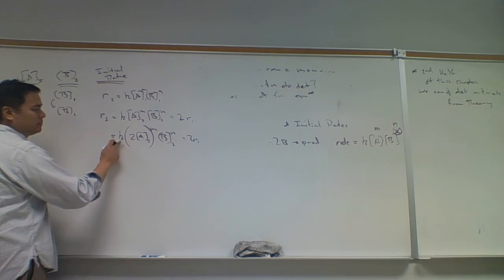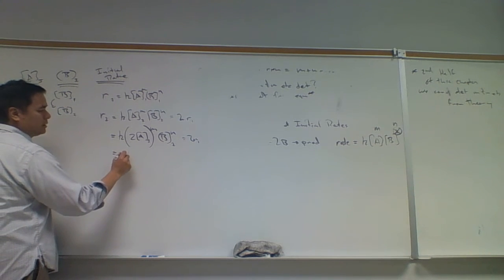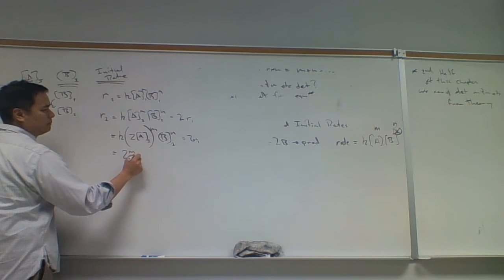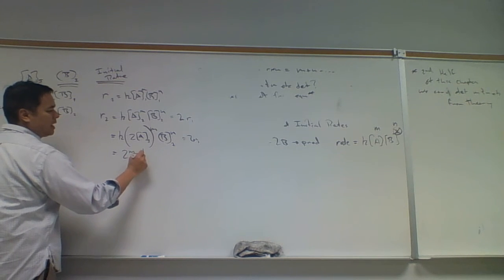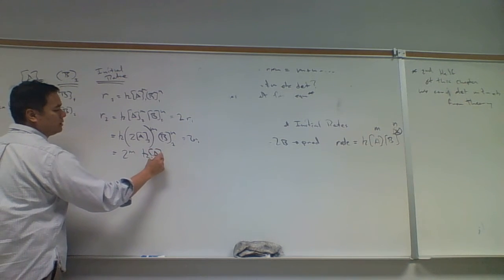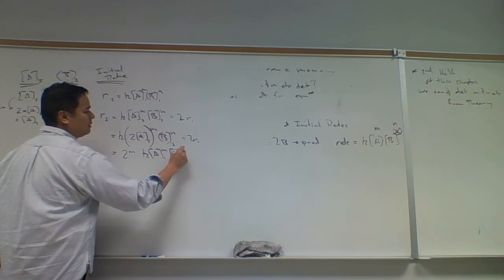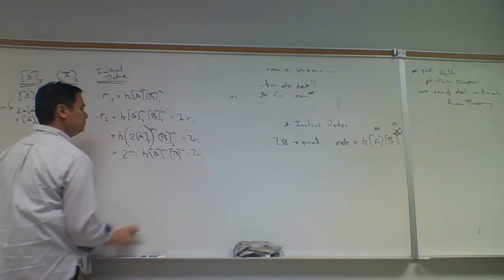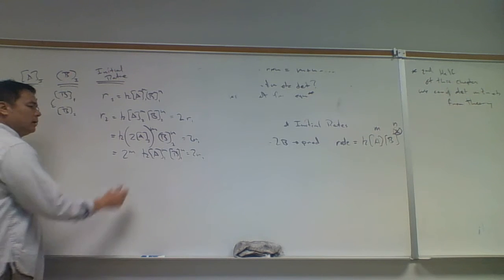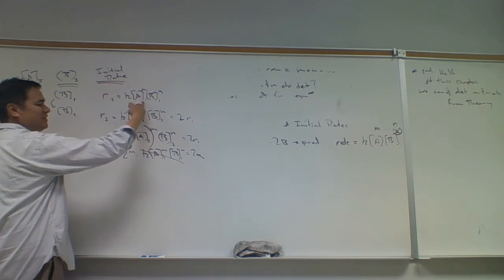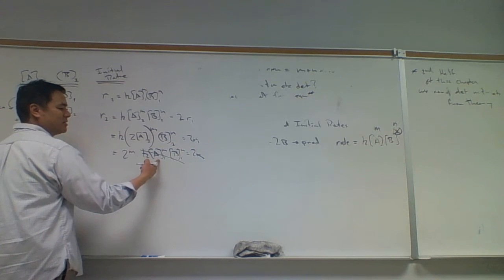And so separating this out, I'm going to factor out the 2, so I get 2 to the m times k [A1]^m [B1]^n, which is equal to 2 R1. And so this is R1 here. You see, R1 is equal to this, so this and this cancel each other out.